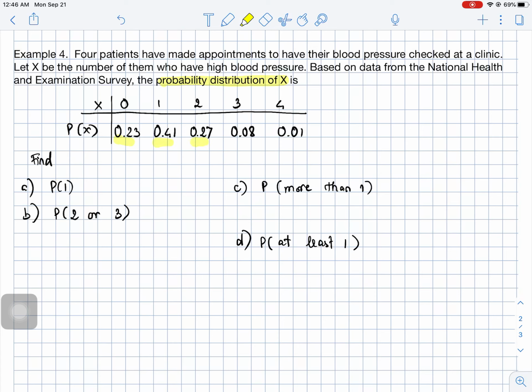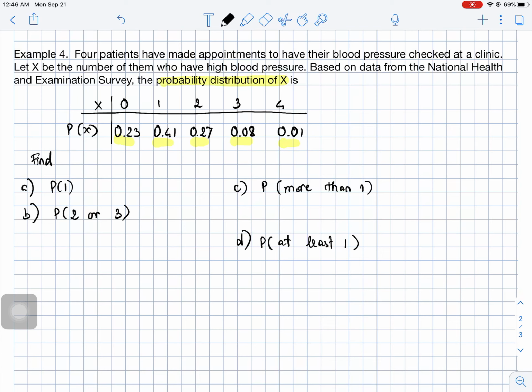So 0.23, 0.41, 0.27, 0.08, and 0.01, they are between 0 and 1. So the table satisfies the first condition.